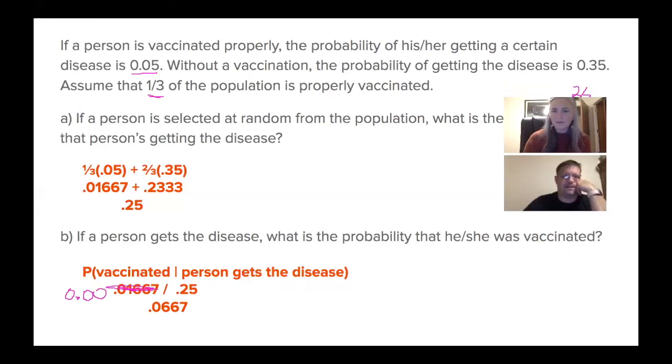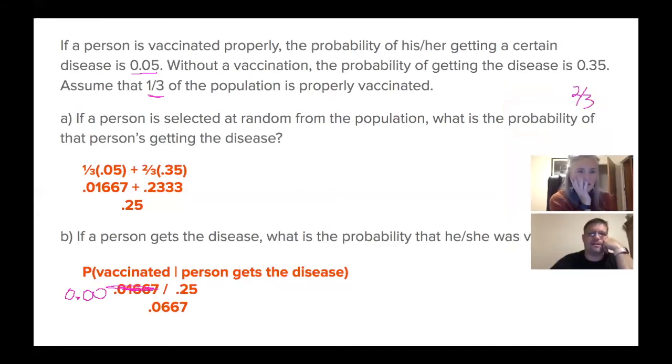What is the probability that he or she was vaccinated? That's one third. It's a third. I think I can't type. I don't even know where 0.0166 came from.